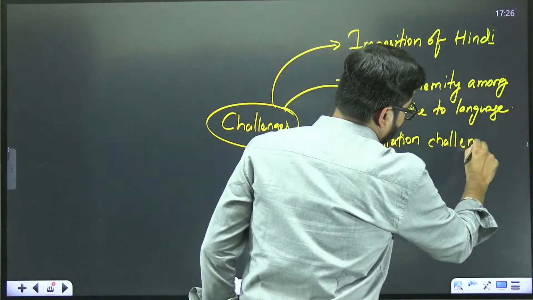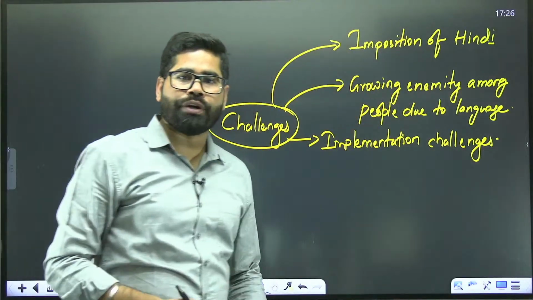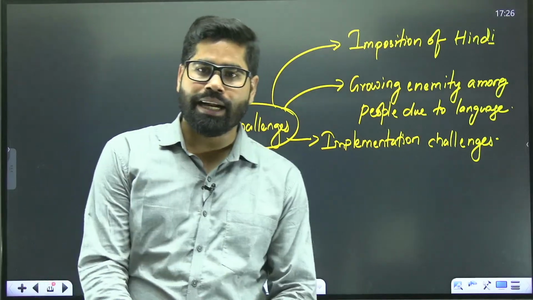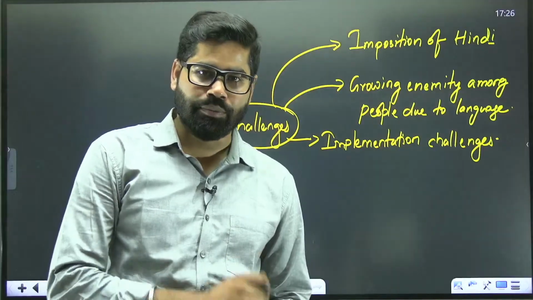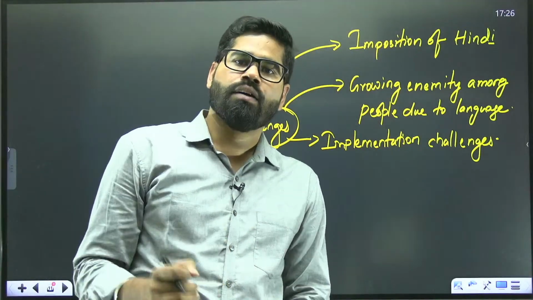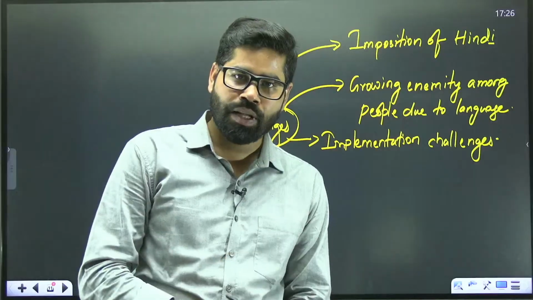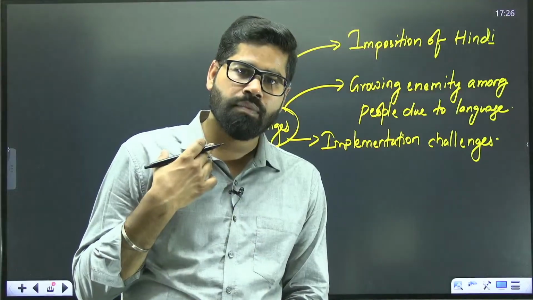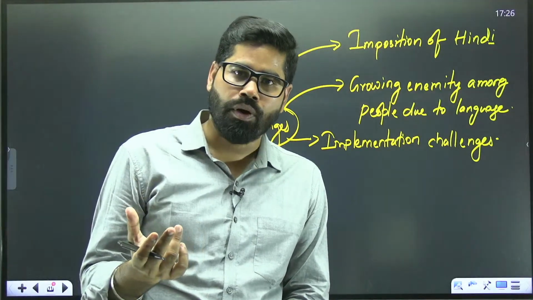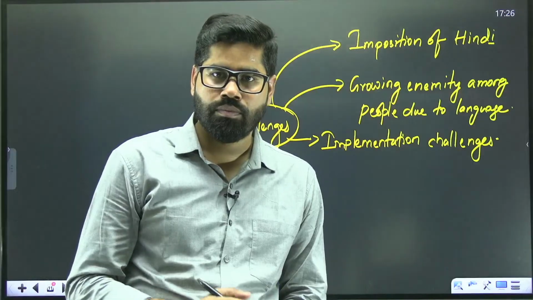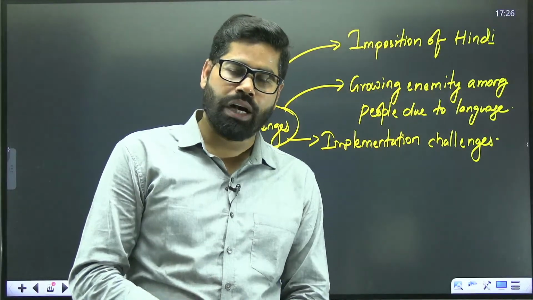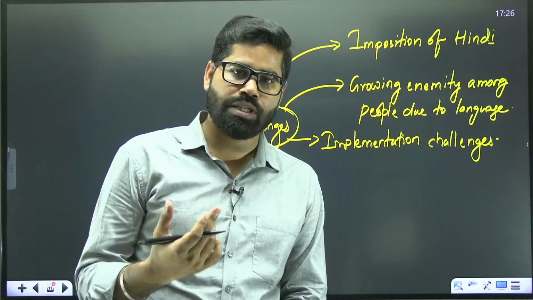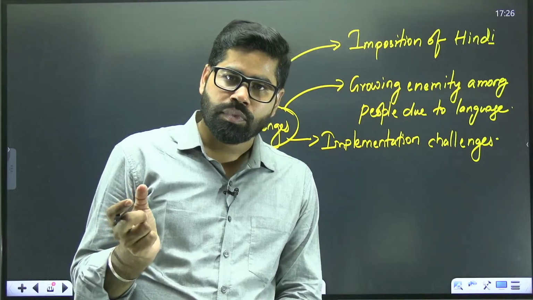If government is coming with a 3-language policy, and they are saying that you can learn any language apart from this. Now suppose in one of the villages of, let us say, Madhya Pradesh, a child says, I want to learn the language of the Mizo people, or Manipuri, or the language of, let us say, Tamil people.